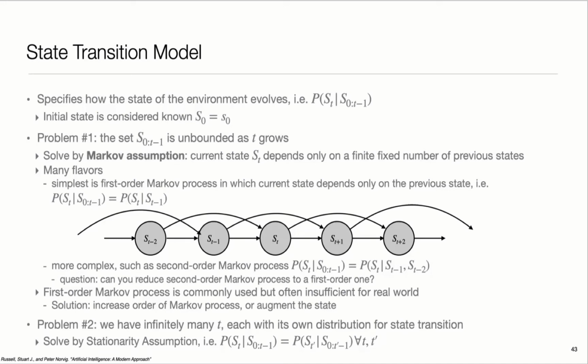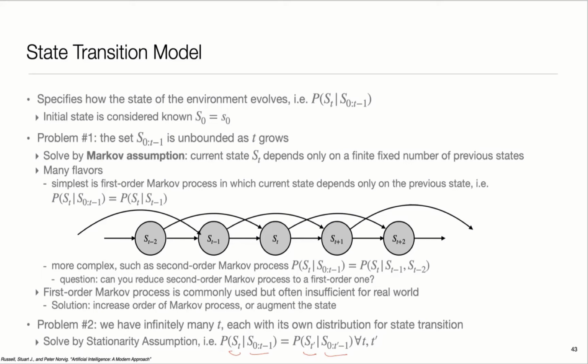We solve this with another classical assumption that I'm sure you have seen in some courses, the stationarity assumption, which says that the probability distribution of S of t given the history is the same as the probability distribution of S of t prime given the history, for all values of t and t prime. So essentially, we are saying that the process follows a static model.